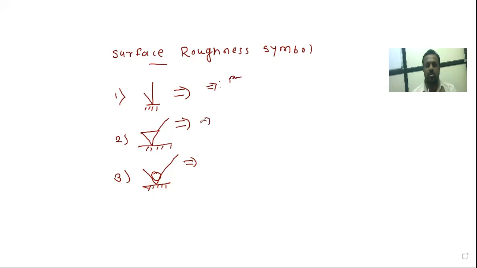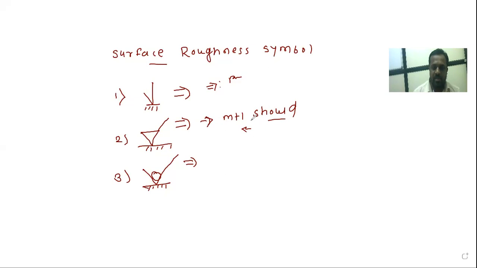Now here some restriction is there. If such a symbol is there, what does it indicate? Material should be removed. To prepare the product, we have to use a machining process, because this symbol tells us to remove material from the workpiece and then create the product.